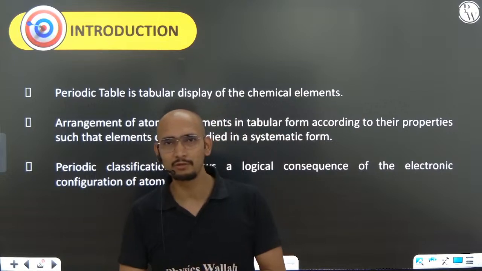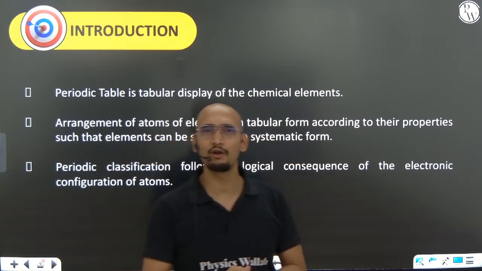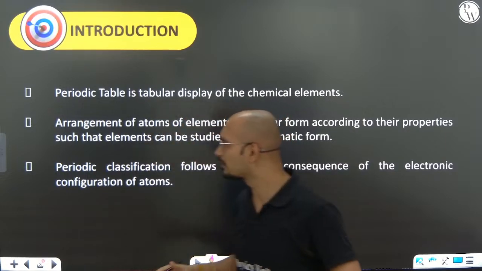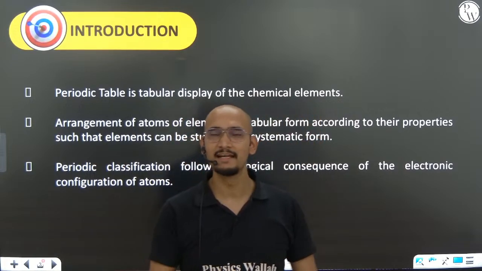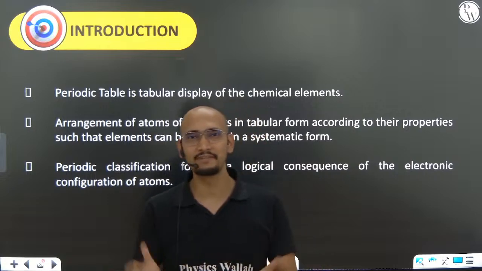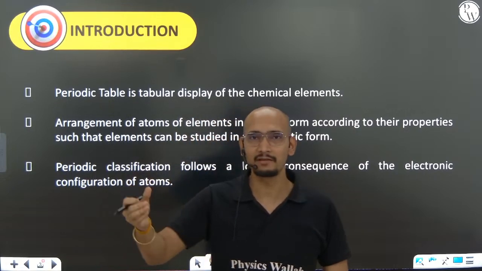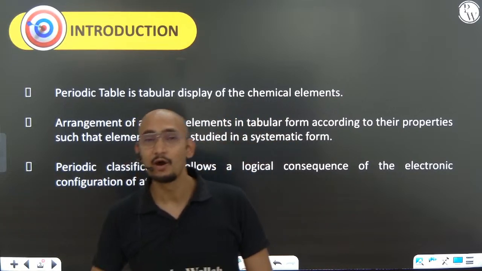But the problem with all these four models and laws is that they were all based on atomic masses. They considered that the physical and chemical properties of the elements are periodic functions of atomic masses. But in reality, what happened?